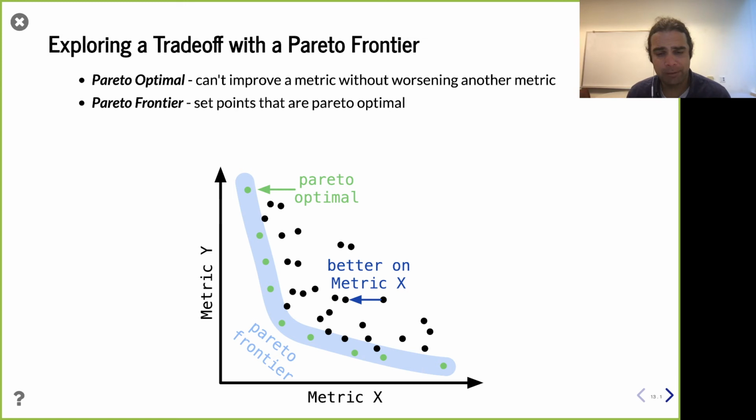Another way is to really understand this trade-off, understand what's possible. To understand it, there's this notion of Pareto optimality. Let's say we have two metrics we care about, metric X and metric Y. For both of these metrics, lower is better, right? Maybe it's time to complete a solution and power required. Lower is better for both.